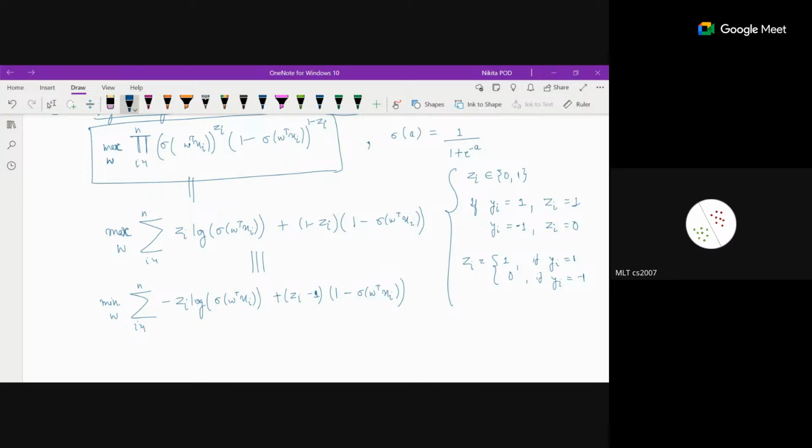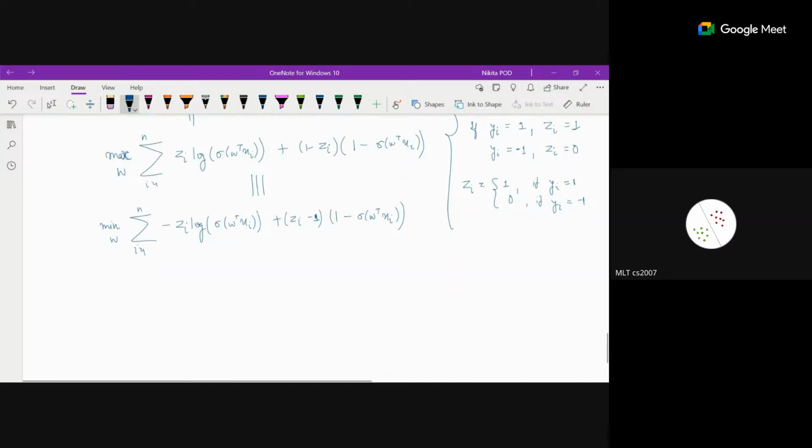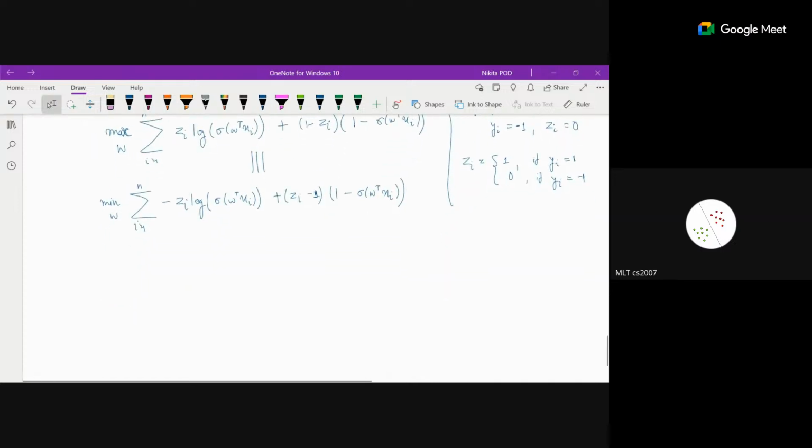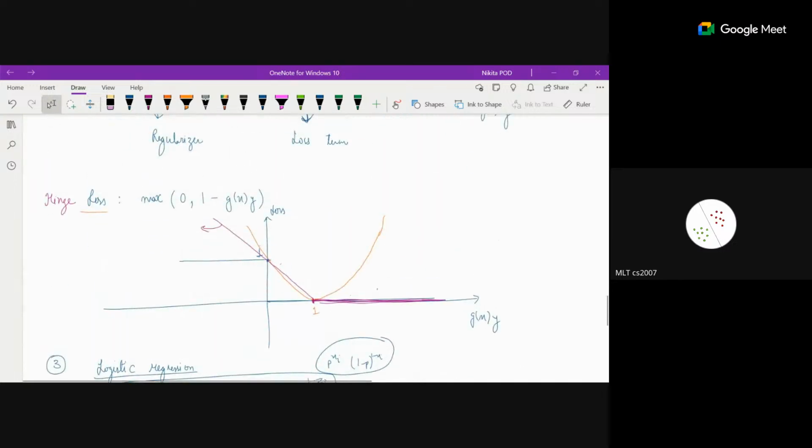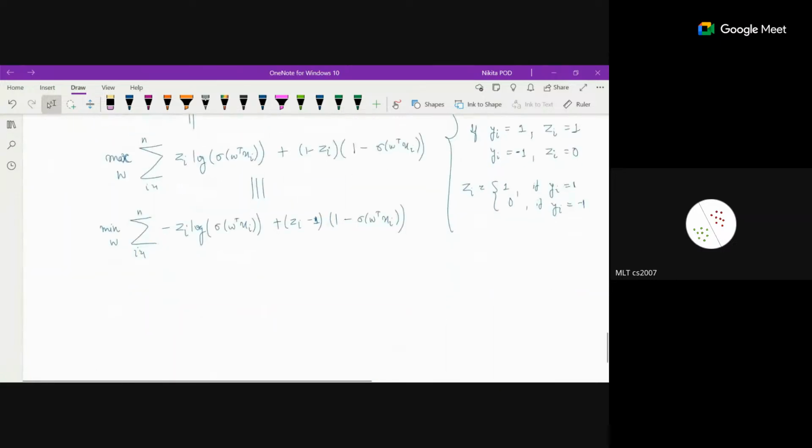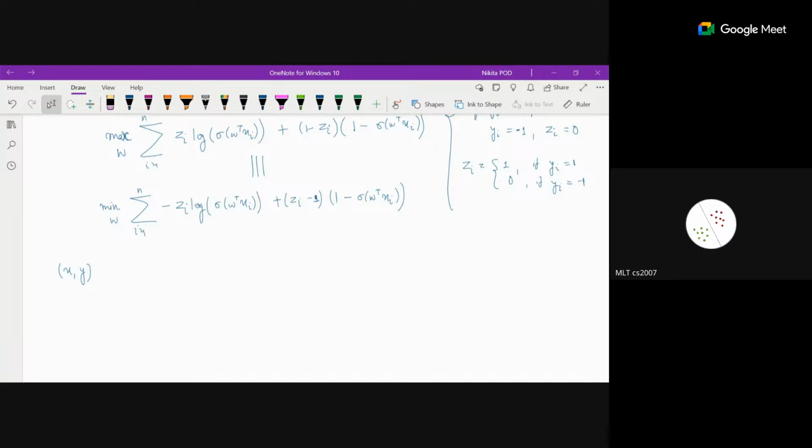Now, all the losses that we plotted here, we had seen for one data point. So again, we'll stick to one data point. If I look at just this point x comma y, what is the loss for this point?